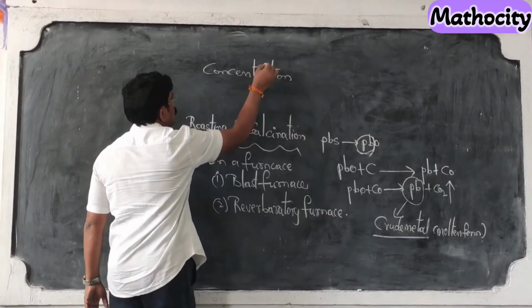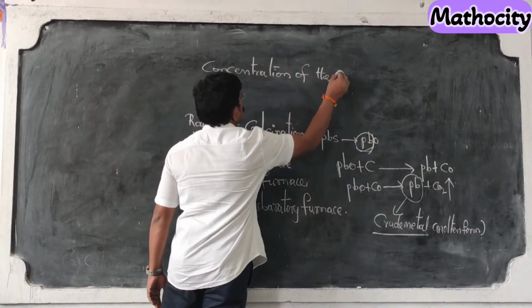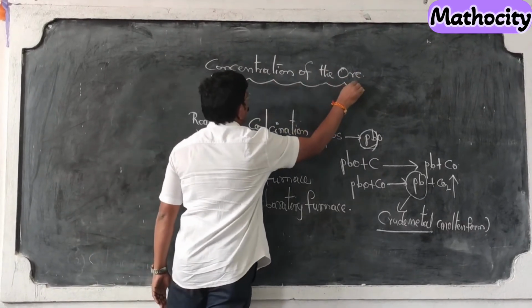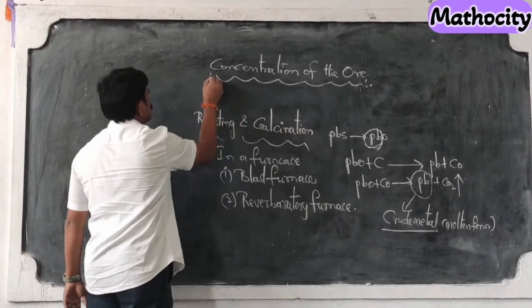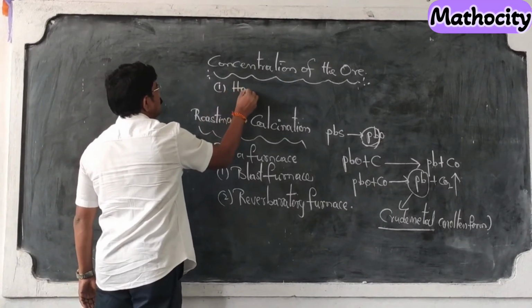Concentration of the ore involves 4 methods. One is hand picking.